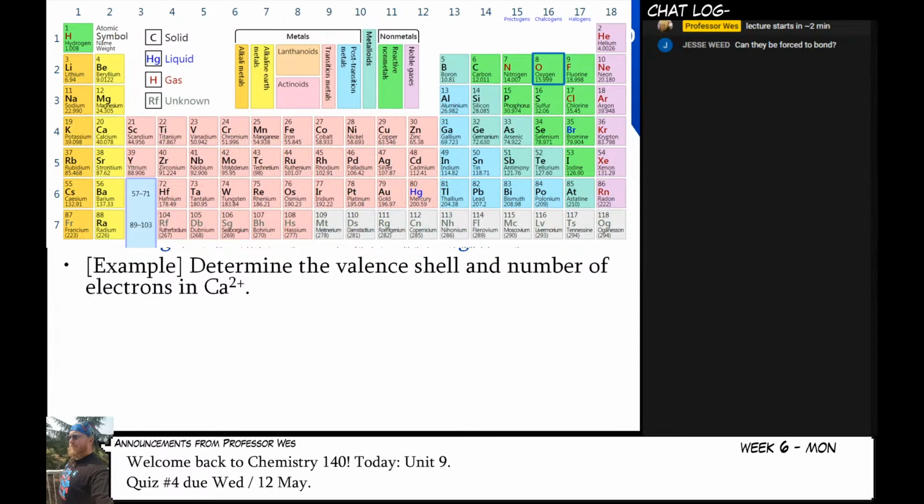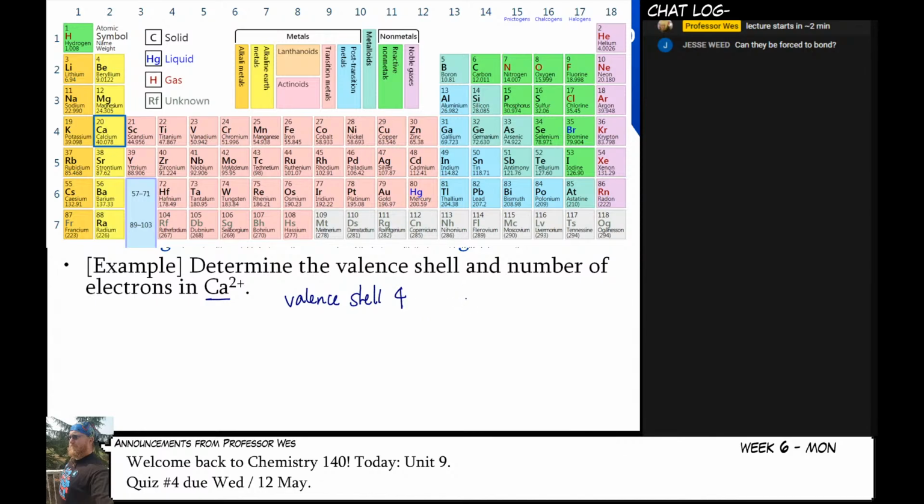So first we're going to find calcium. So let's find calcium. There it is, right there. All right, let's count its electrons if it was just regular calcium without the charge on it. It would be in period 4, so that's valence shell 4. And it's in group 2.